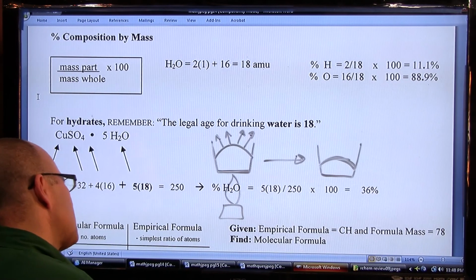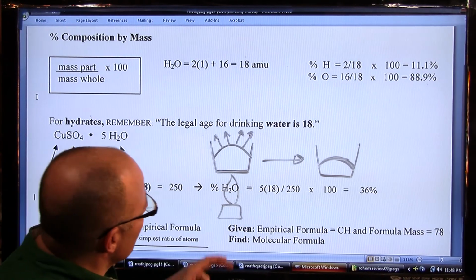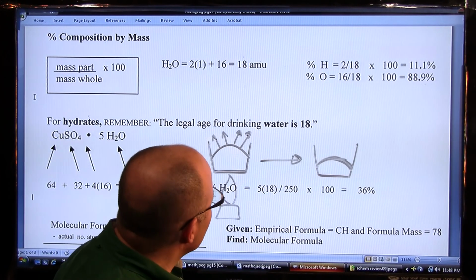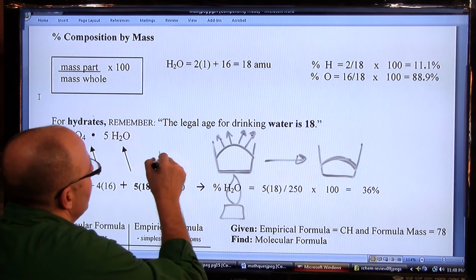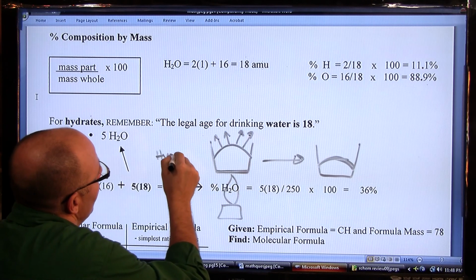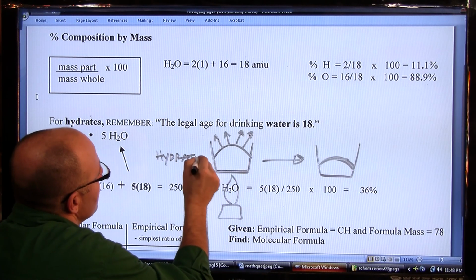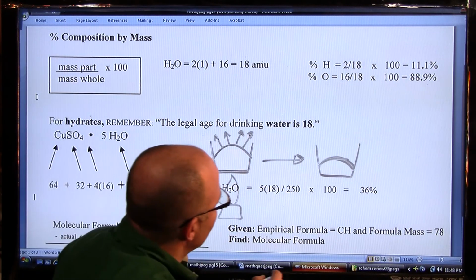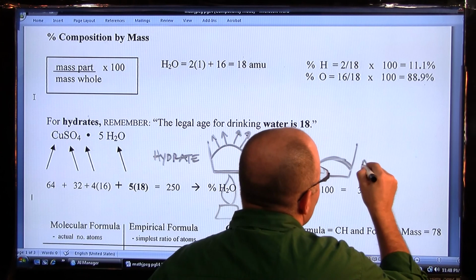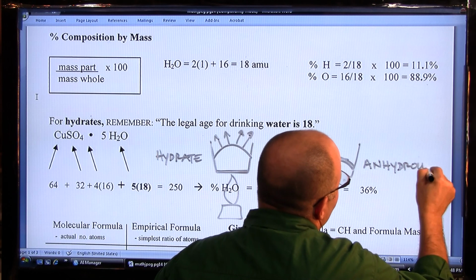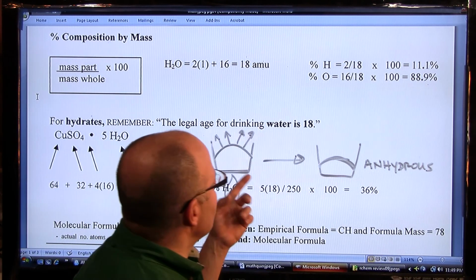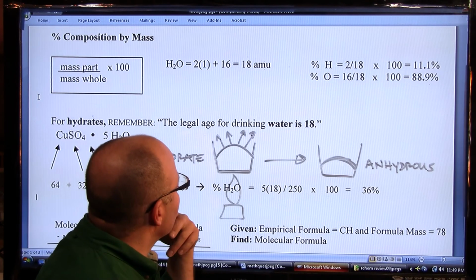And experimentally what you would do is find the difference in mass between before and after. Before that you have the hydrate, or hydrated salt. And this would be the anhydrous, which means without water. And the difference in mass would have to be the water that was lost.